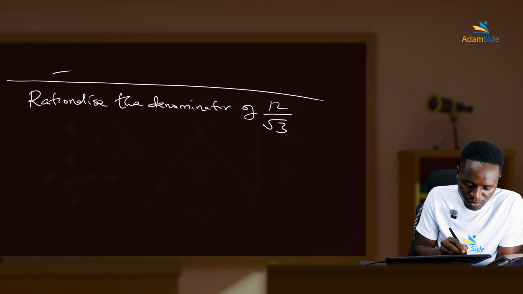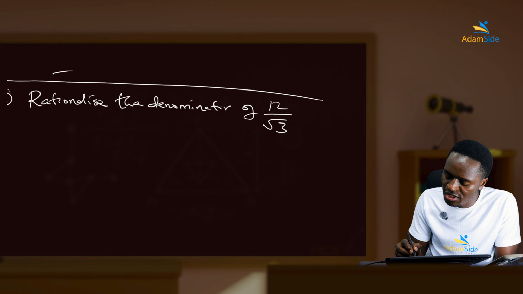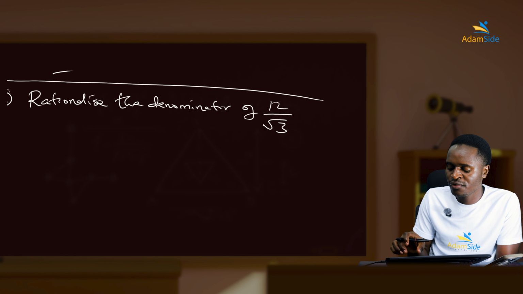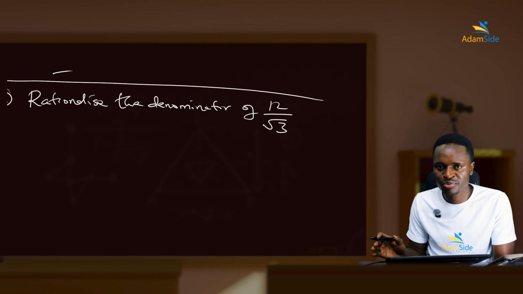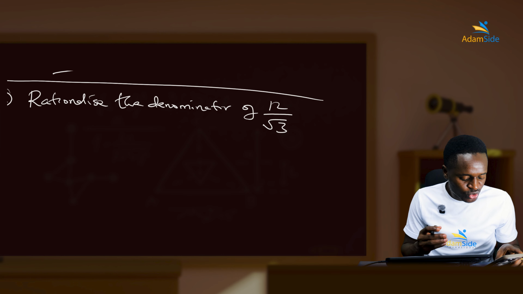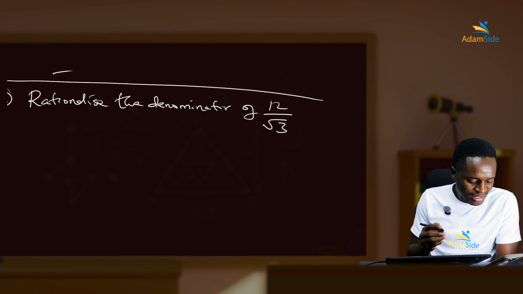That's question number 2. To rationalize the denominator means to get rid of the square root symbol in the denominator. And obviously, if your surd is in the form of an algebraic expression, the idea is to find a proper conjugate for this. So for us to be able to do this, what do we do? We multiply by root 3.